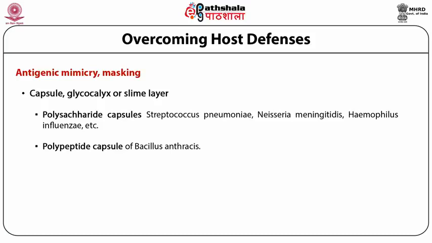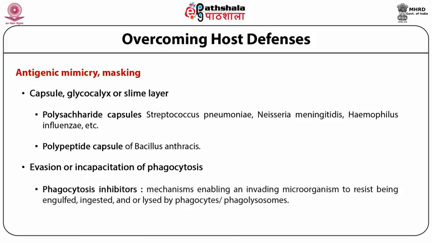The second method is evasion or incapacitation, or avoiding phagocytosis. The pathogens may secrete certain kinds of phagocytosis inhibitors, and these inhibitors decrease or inhibit phagocytosis by the killer cells.